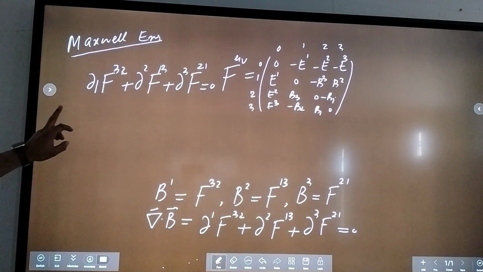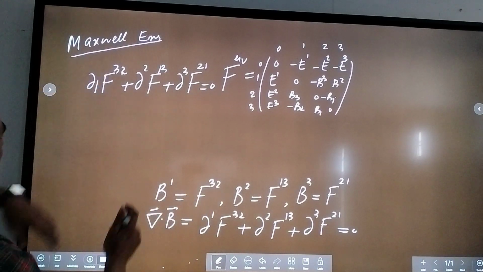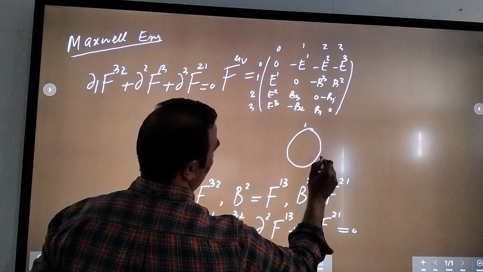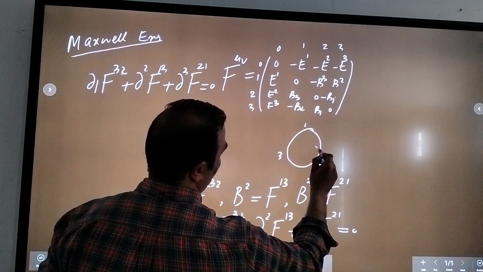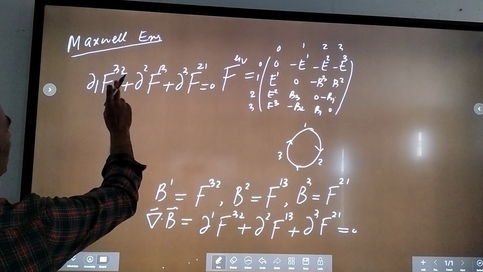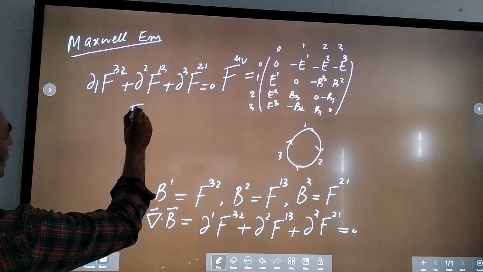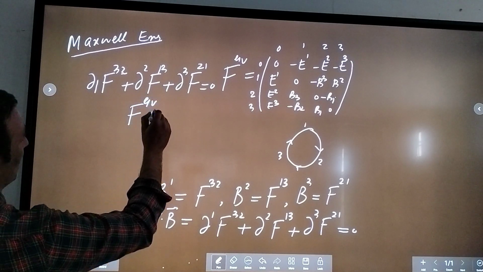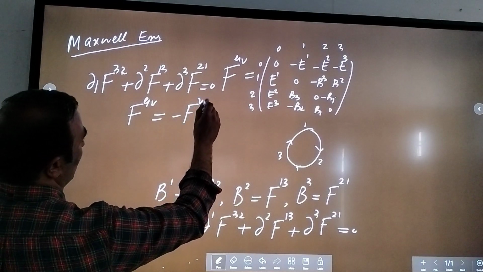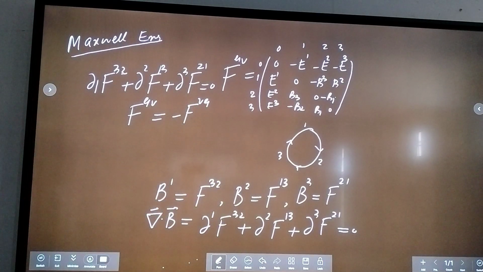And I can also write this in another way, because I can put this in cyclic order, because this is 1, 2 and 3, so I can put it in some cyclic order, right? Because we know that this F mu nu, this electromagnetic field tensor, we can write as minus F nu mu, because this is antisymmetric, okay?